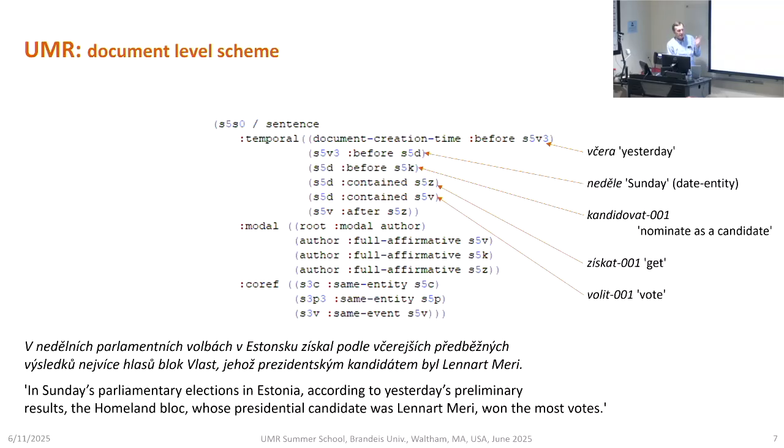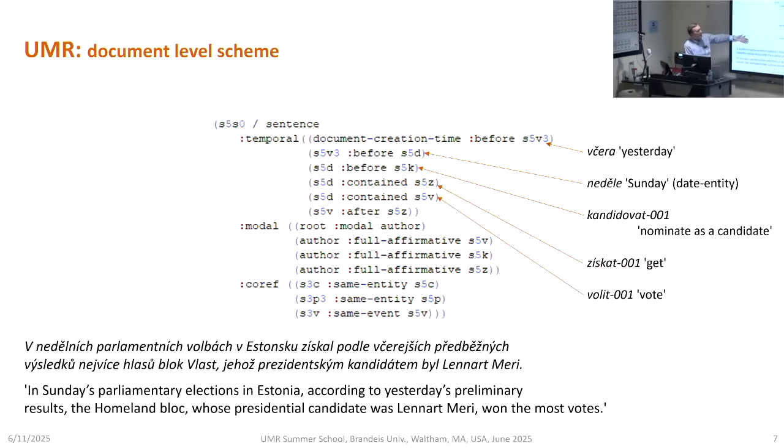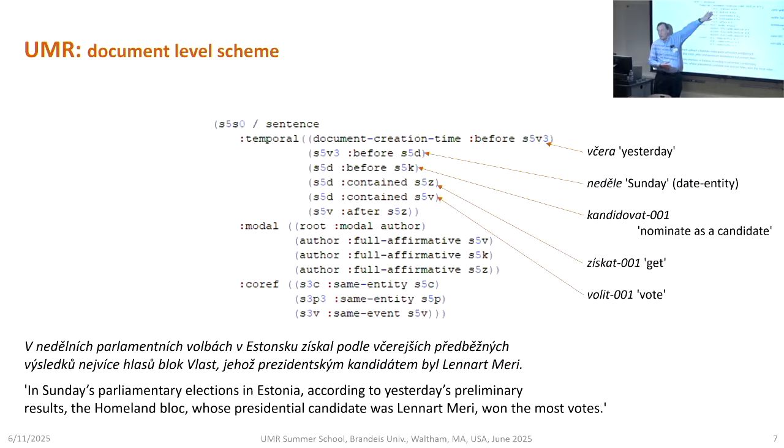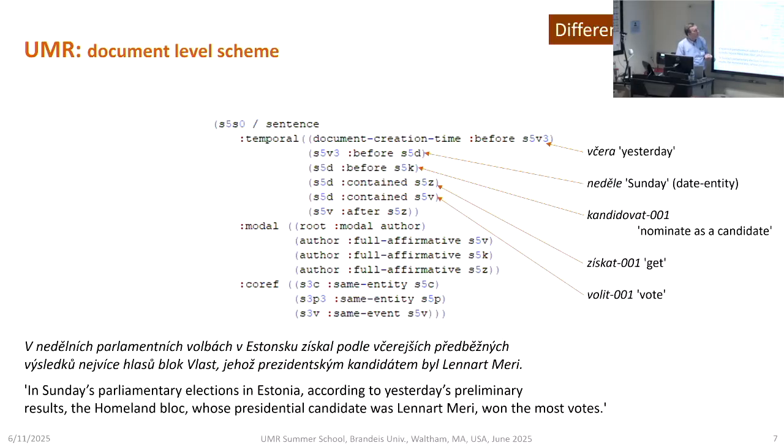So this is mostly then converted to the UMR document level annotation. Even though some of the things which UMR calls document level, like the temporal ones, if they are between clauses within a sentence, we represent it by an attribute at the clause. So there is no like extra arrow going from somewhere to somewhere. It's just an attribute because the dependency describes the link sufficiently for us.